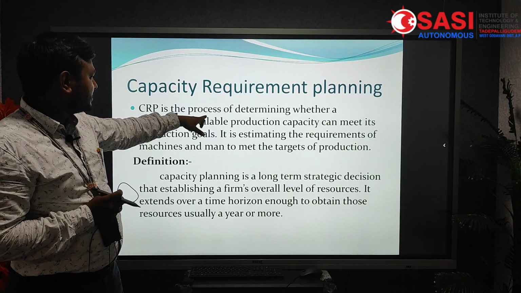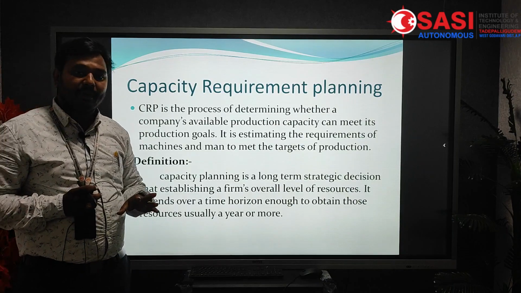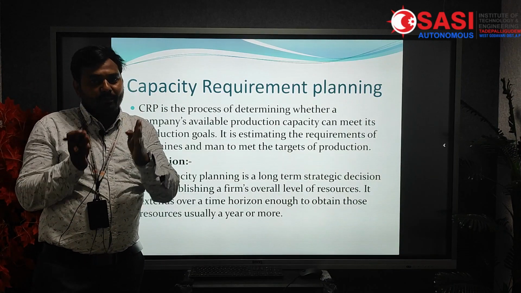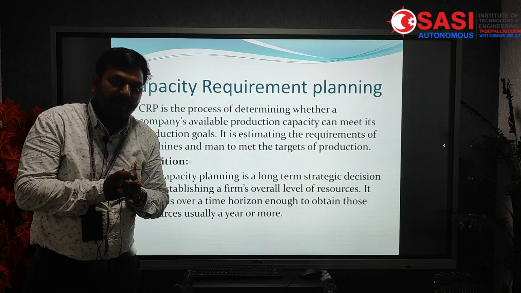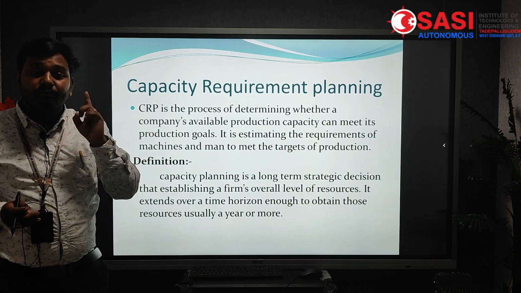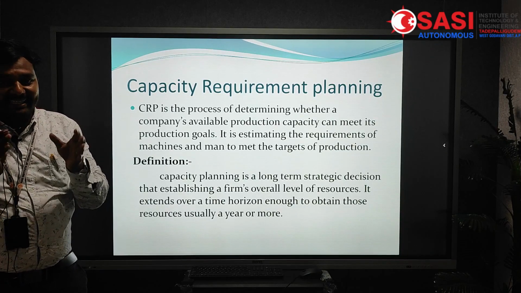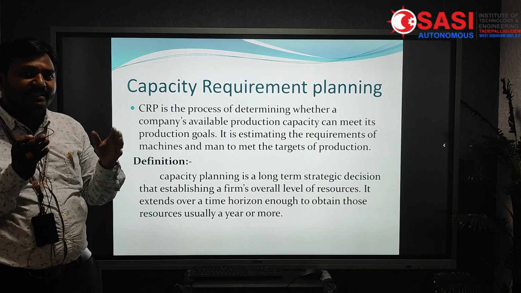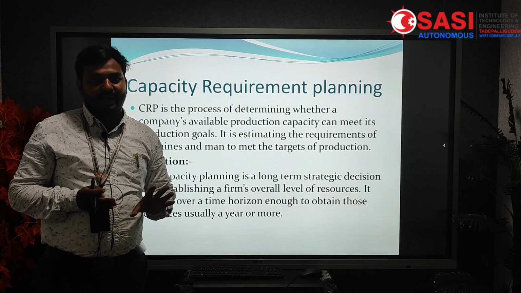CRP is the process of determining whether a company's available production capacity is sufficient. Some organizations already have some capacity. According to the demand forecast, the production manager decides whether the existing capacity within the organization is sufficient to do the production activities to meet the market demand or not.